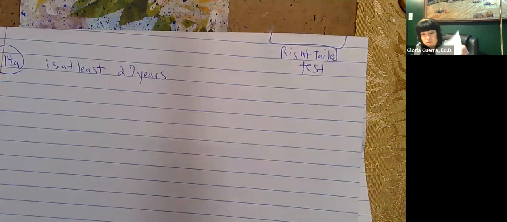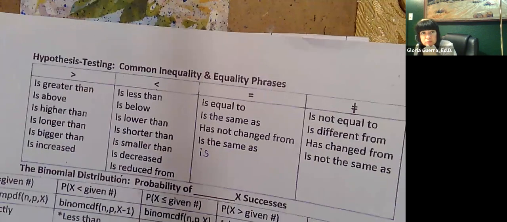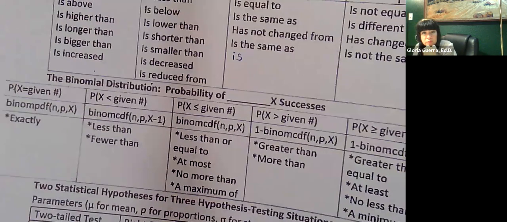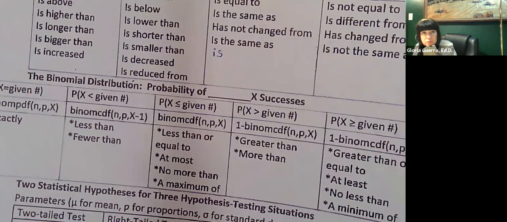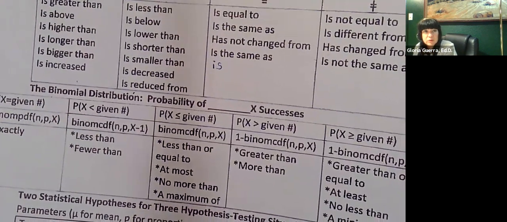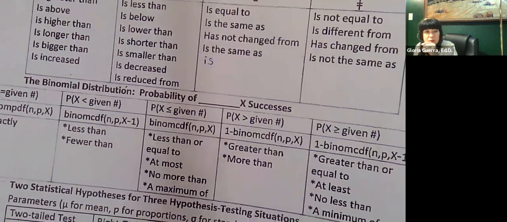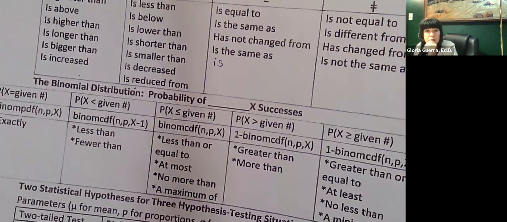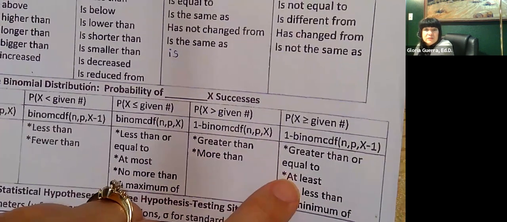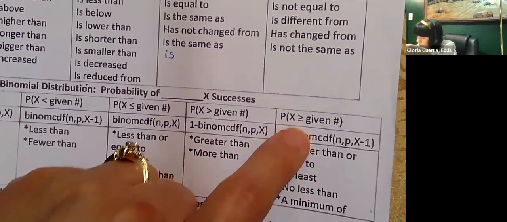If I look at that on my sheet, "is at least," let's see, where is that? Oh, is it over here? At least. See that? And see that inequality? You want to grab that inequality, greater than or equal to.